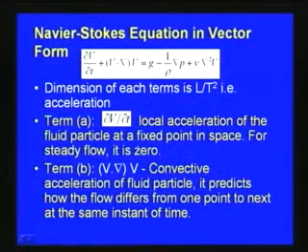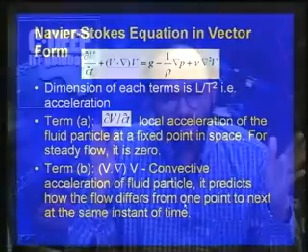For steady state flow, this del v by del t term will be 0; otherwise we have to consider del v by del t. So, this term is called the local acceleration term. And then the second term, v dot del v, is actually the convective acceleration of the fluid particle. It predicts how the flow differs from one point to the next at the same instant of time.